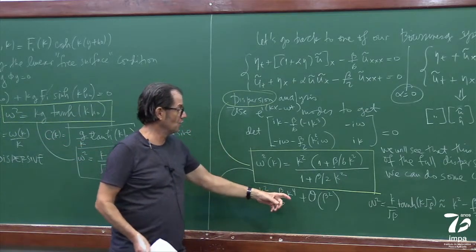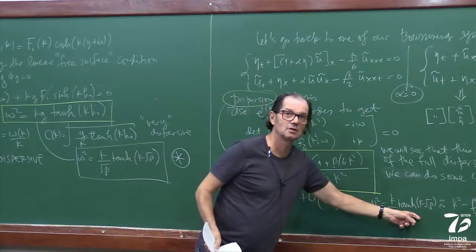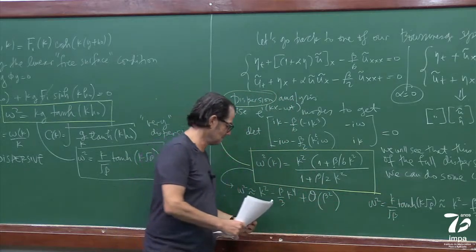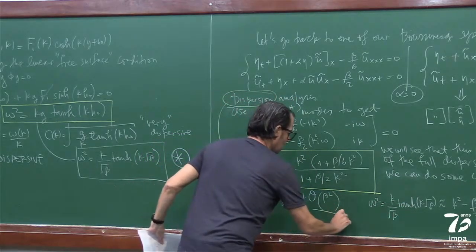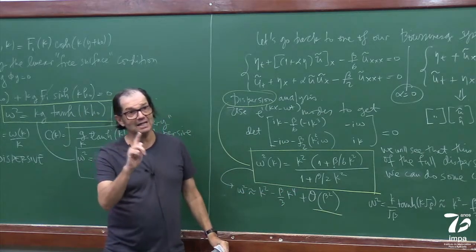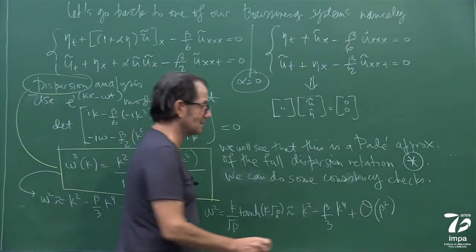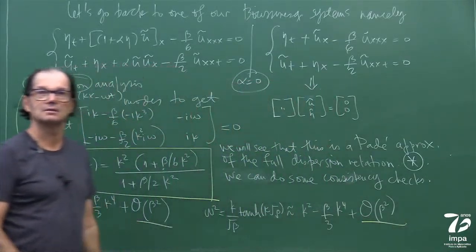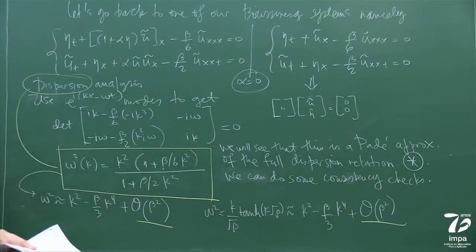And when we use this notation here, what I'm saying is that this constant times beta squared does not need to be the same, and probably is not the same, as this one times beta squared. But it's of the same order. And if beta is small, it's something that shouldn't matter.